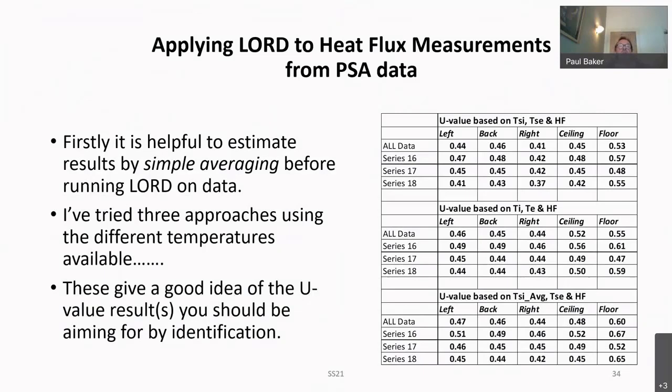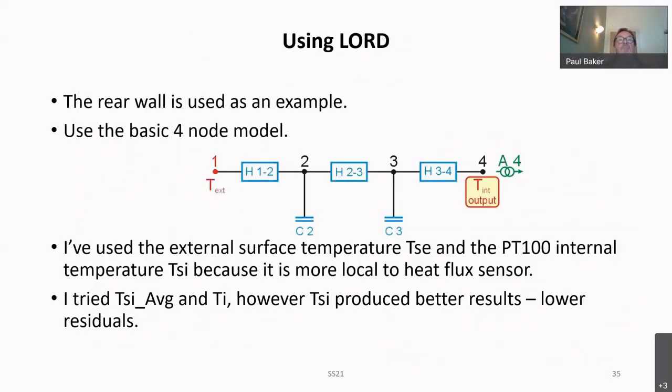I've tried 3 approaches using the different temperatures available, and these give a good idea of the U-value results you should expect to be aiming for by identification. You may, in fact, improve on them.